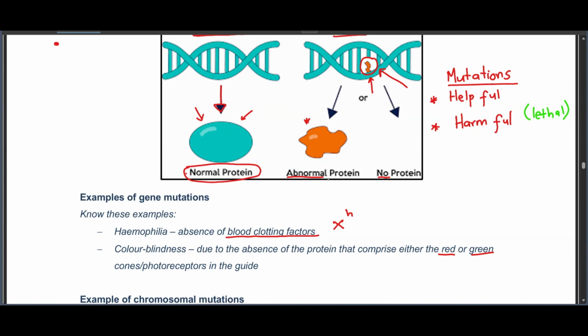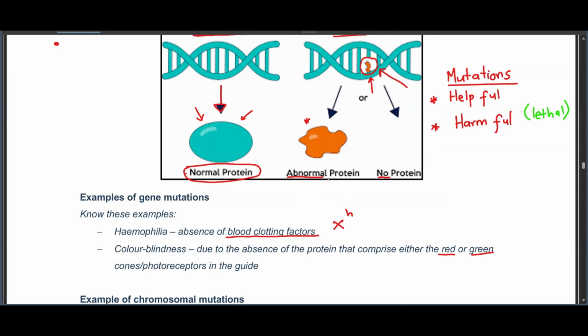Some of them will not produce proteins at all. For example, in hemophilia, due to a gene mutation, you cannot have a blood clotting factor, because your blood must be able to clot whenever you get an injury. It's so that you don't continue bleeding forever and ever.